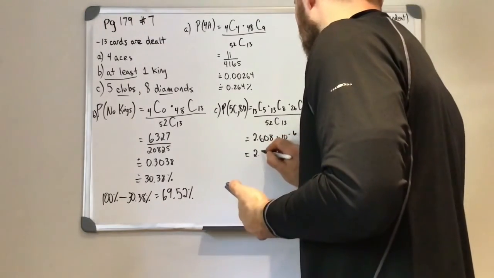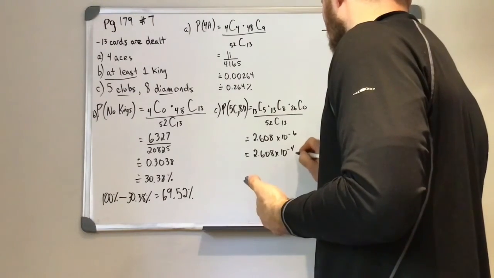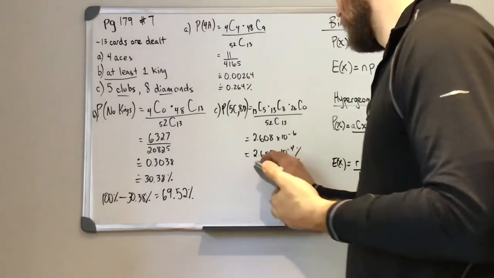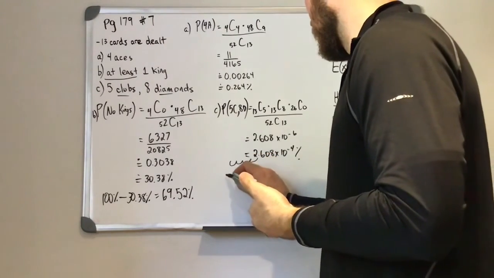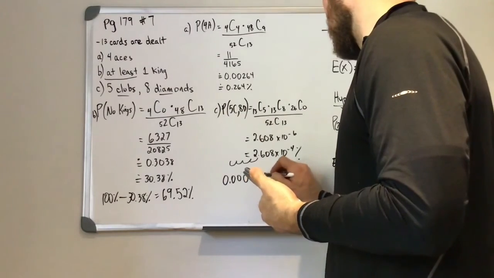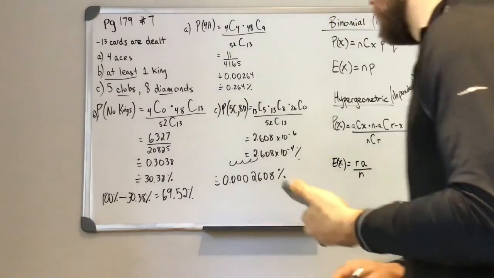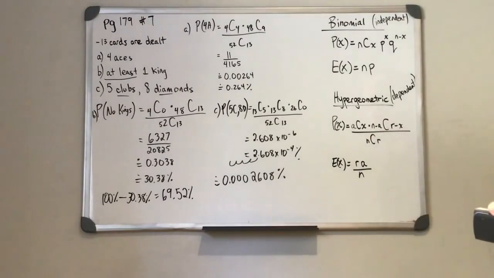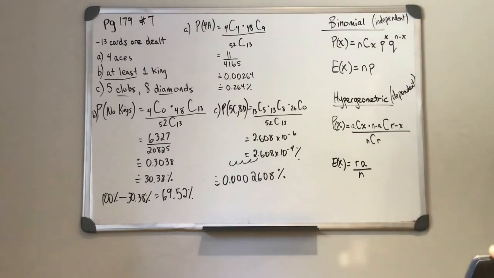Or we could have 2.608 times 10 to the negative 4 percent, or 0.0002608 percent. We can look at it that way as well. So it's incredibly unlikely to have exactly 5 clubs and 8 diamonds and no other cards of any other suit.